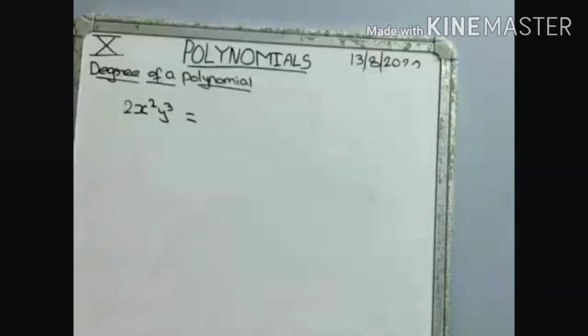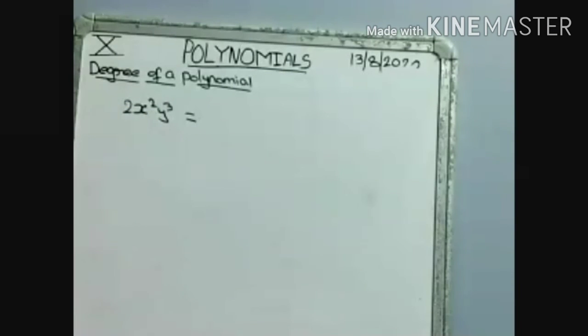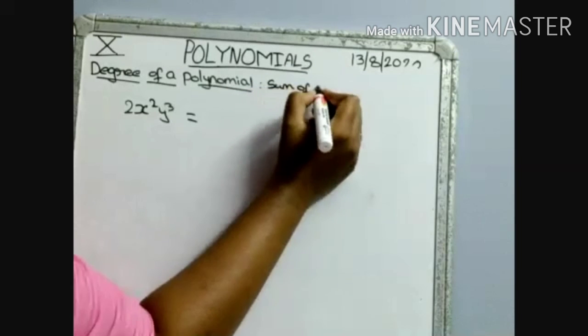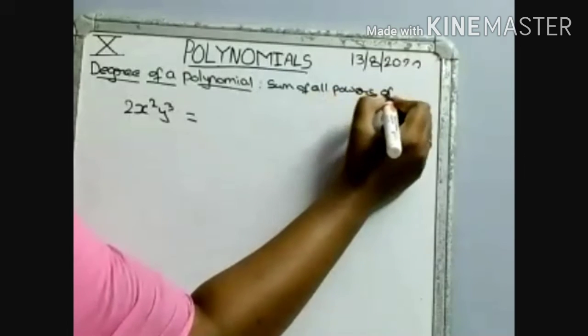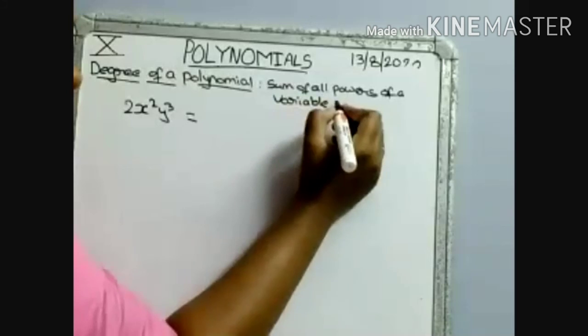Here degree means the powers of the variables, no? By adding the variables' powers, that is nothing but the degree. Sum of all powers of the variables in a term.